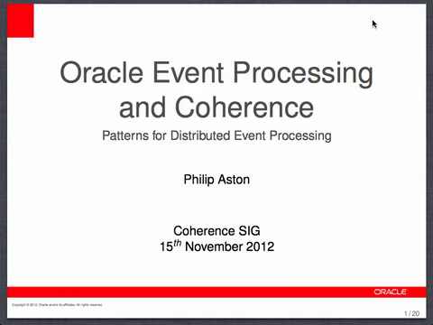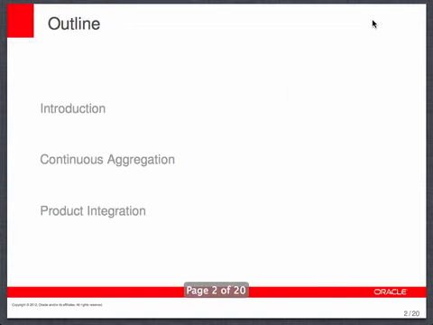So, here we go. I've split this into three rough sections. I'm going to do a brief introduction about the two products and the problem that I'm trying to solve with them. And then the bulk of the presentation is around continuous aggregation of events.